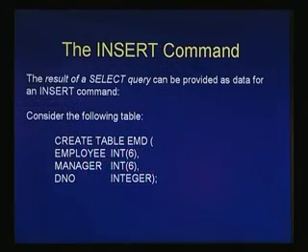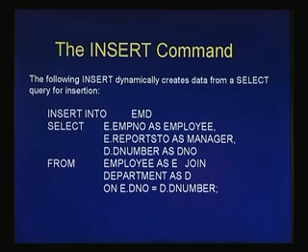First I just create a table called EMD, which contains just 3 attributes: employee, manager and DNO, that is the department. Then I give an insert command from the employee and department table using the following syntax. I just say insert into EMD, that is insert into the new table name, and what should I insert? The output of the following select operation.